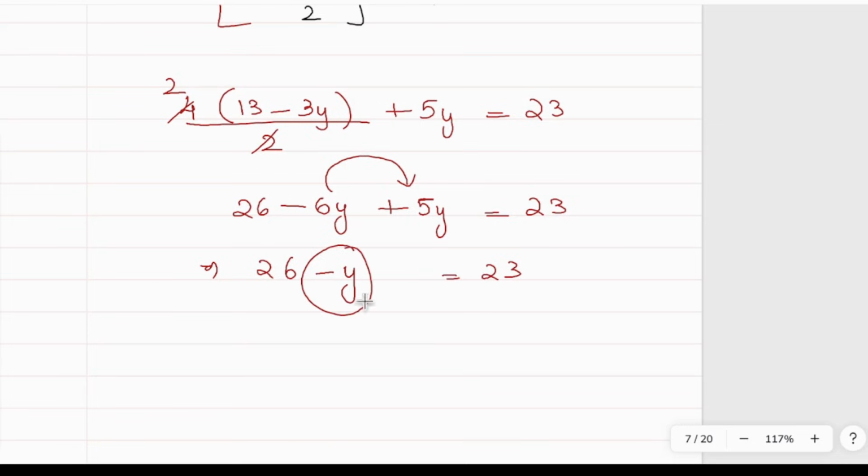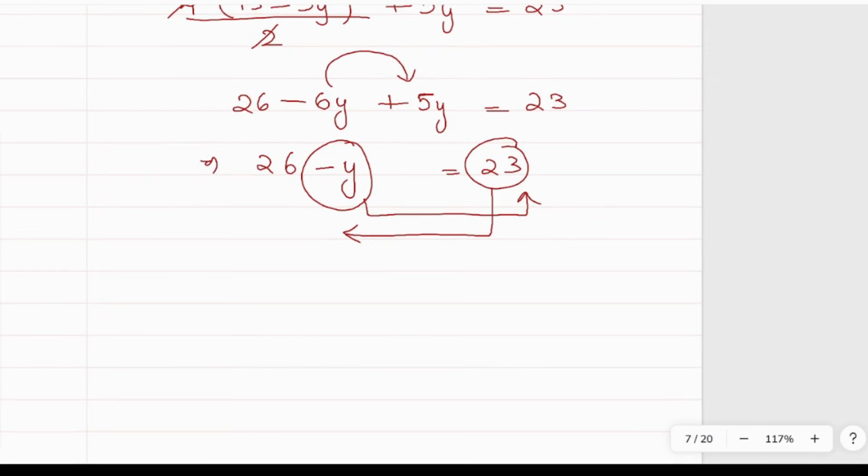So I will take this y to the opposite side so that I can remove the negative sign, right? And I will take this 23 to the opposite side. I am going to regroup or rearrange the values. That is 26 minus 23 equal to y. Therefore, y equal to how much? 3. Y is going to be 3.